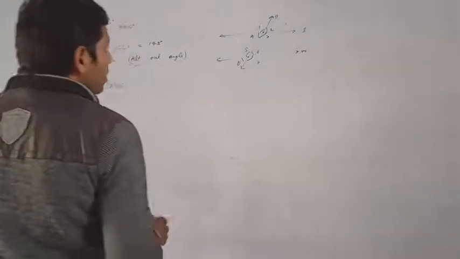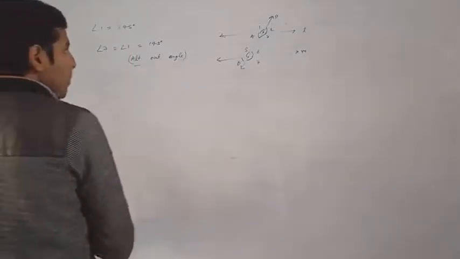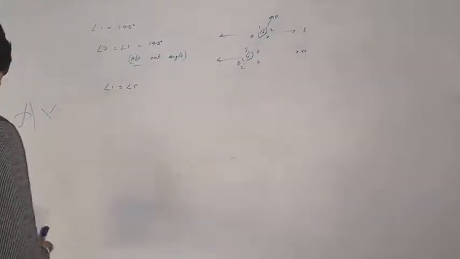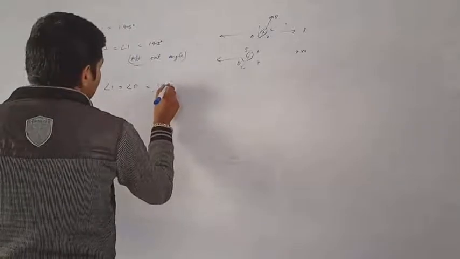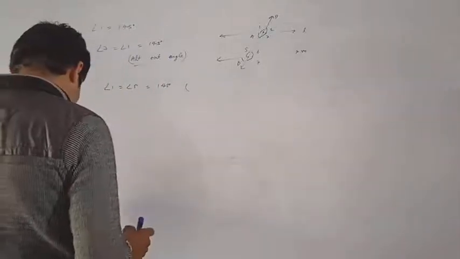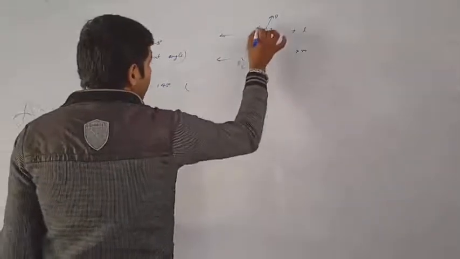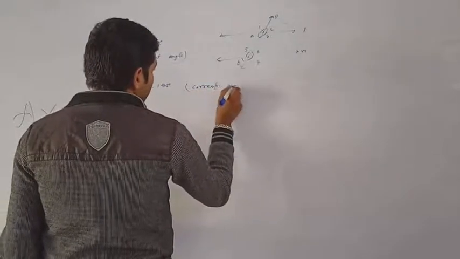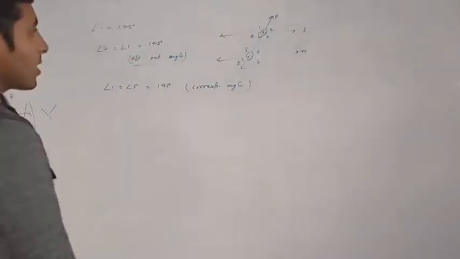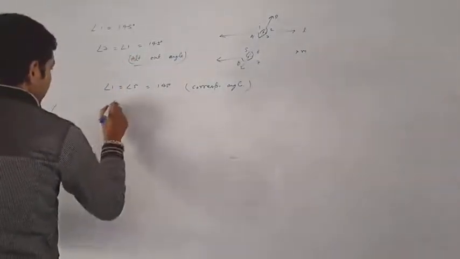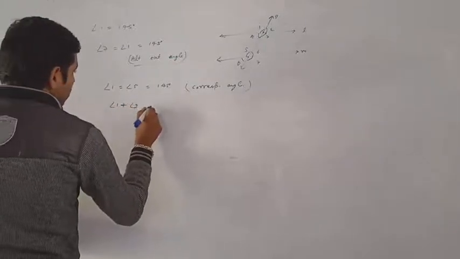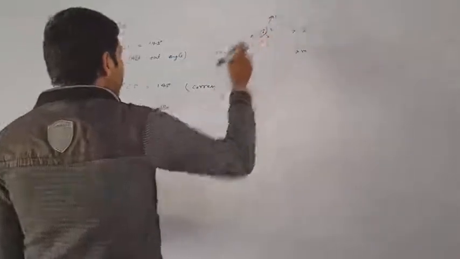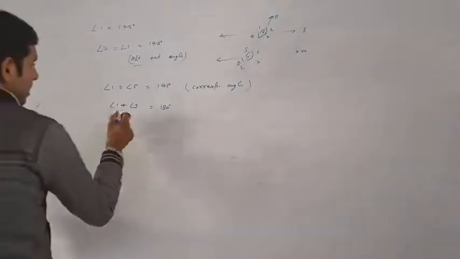But how? Here you see, first of all angle 1 is equal to angle 5, which is 145 degrees, because of corresponding angles. Now angle 1 plus angle 2 is equal to 180 degrees because of linear pair of angles, we know that already.